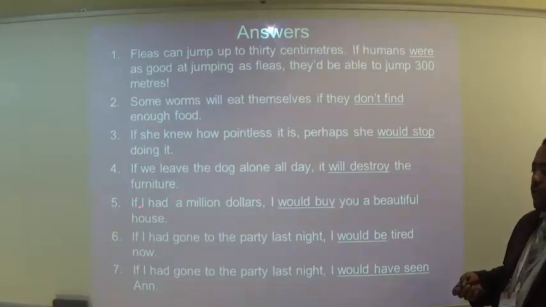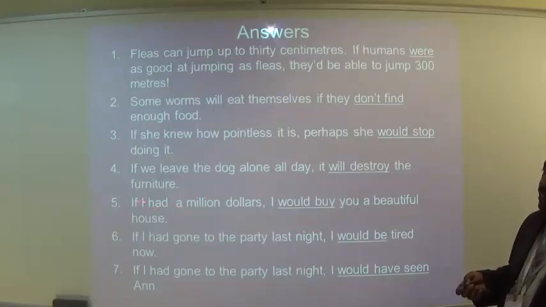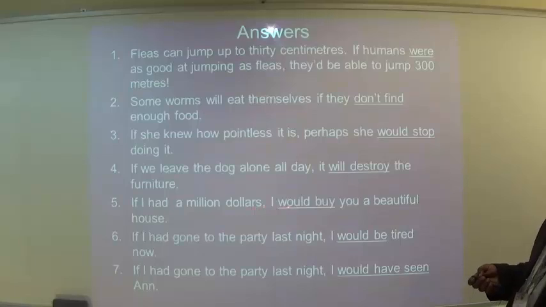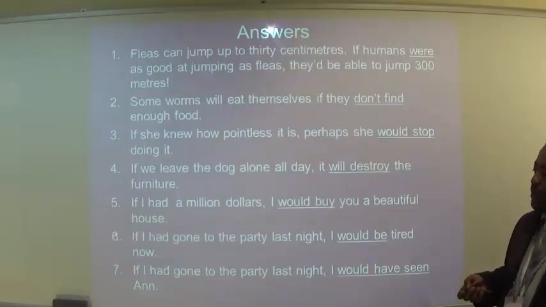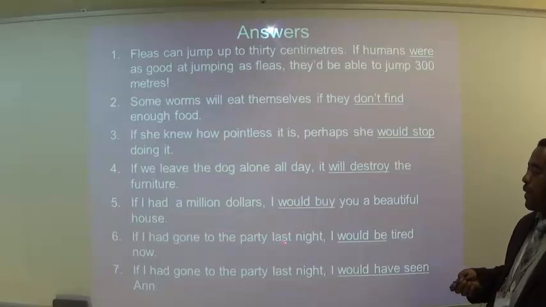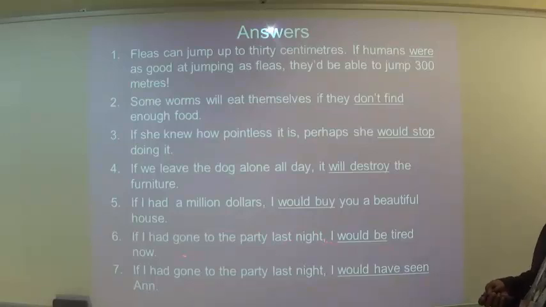And this sentence is in the if conditional 2. If I had $1 million, I would buy you a beautiful house. But in fact, I don't have $1 million. So I can't buy you a beautiful house. Number 6, if I had gone to the party last night, I would be tired now.